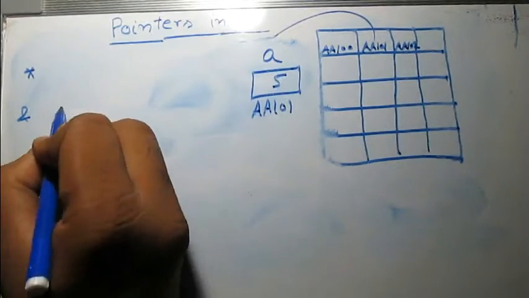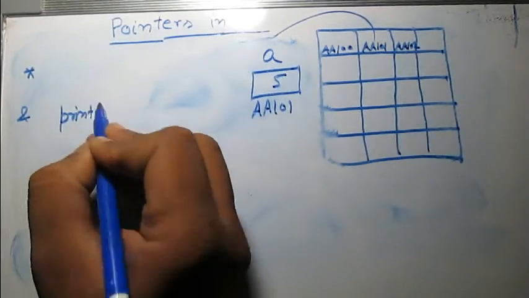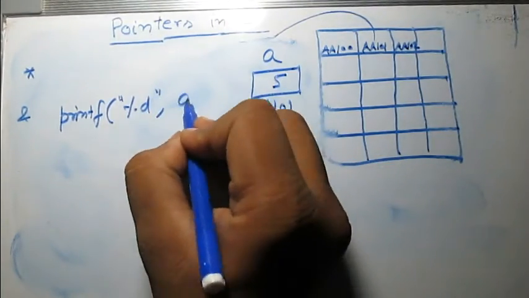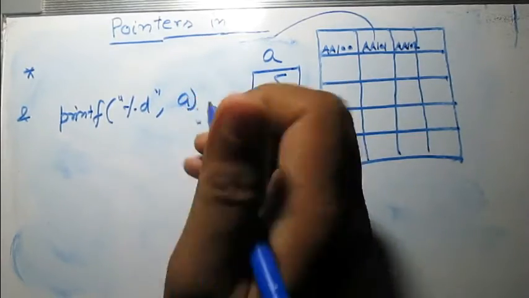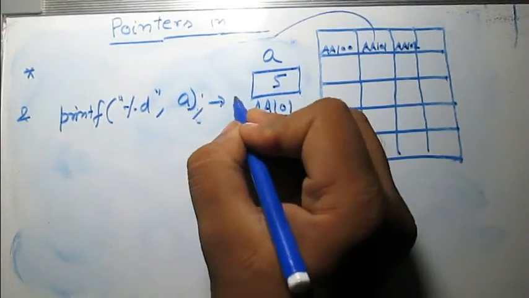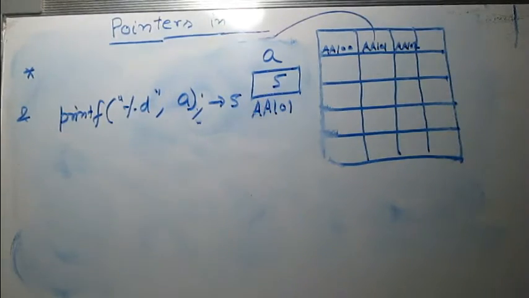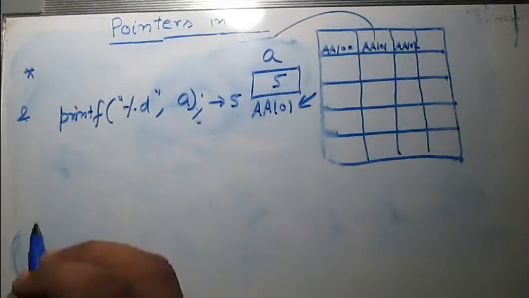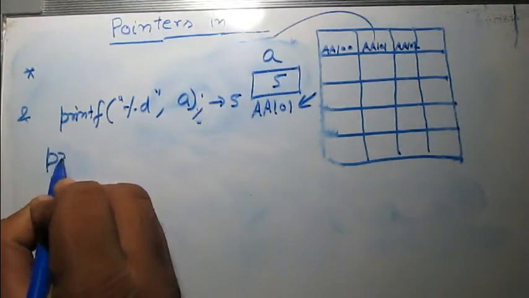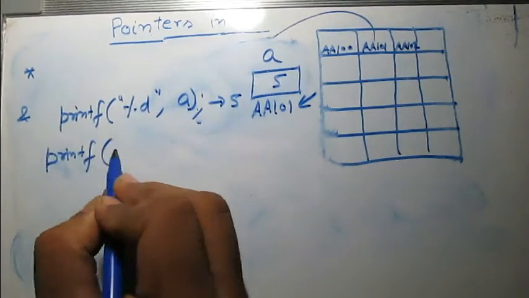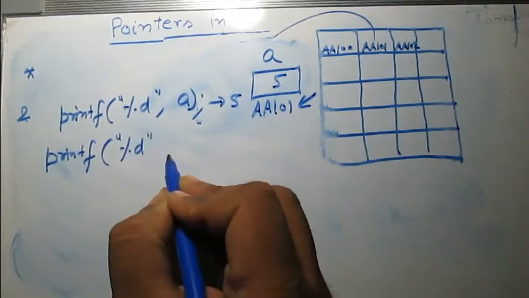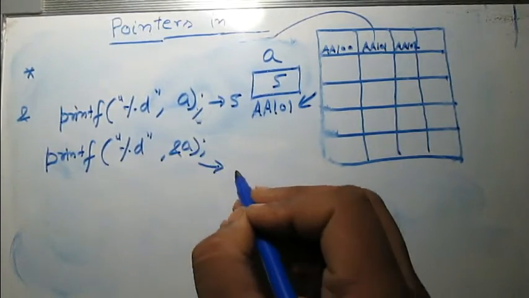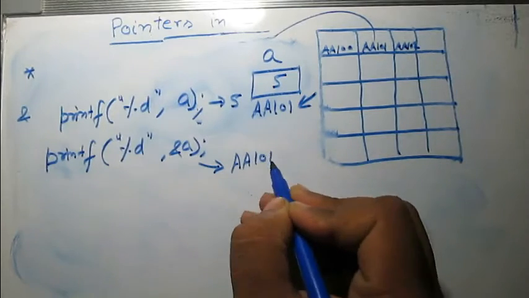If I want to print the value, we can write printf("%d", a). This simple statement will print 5 on the screen. But if we want to print this address, then we have to use this ampersand operator, and if I write printf("%d", &a), this statement will print the address of this memory location a.